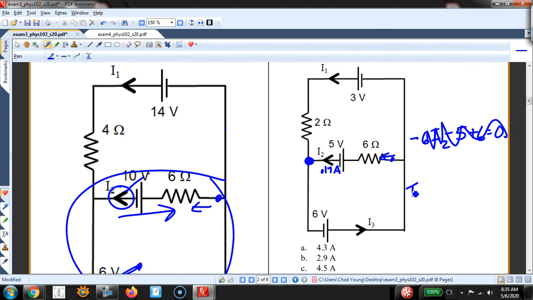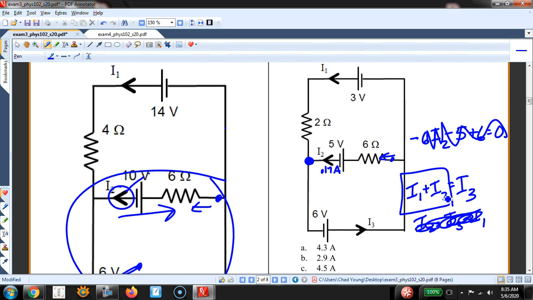I have I1 and I2 entering, and then I have I3 leaving. So I3 is equal to the sum of I1 plus I2. Sorry about that. Anyway, if I find I1, then I can find I3, because I already know I2.